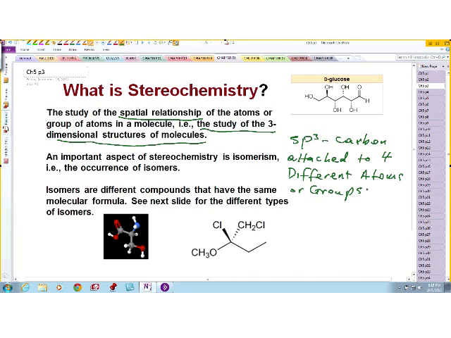We are going to focus on the sp3 hybridized carbon atom that is attached to 4 different atoms or groups. And what do we mean by that?